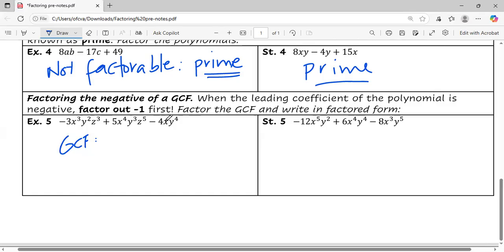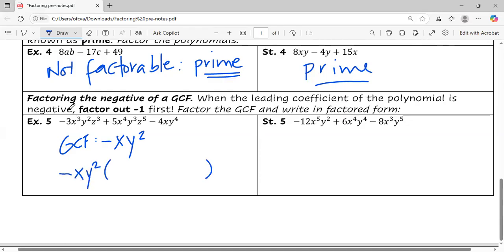Smallest x is x to the first, and smallest y is y to the second. So your GCF is xy to the second, but because your first term starts with a negative, take out that negative. We don't want the second factor to start with a negative. So my GCF is -xy squared.